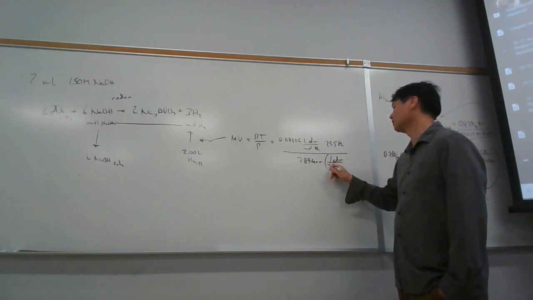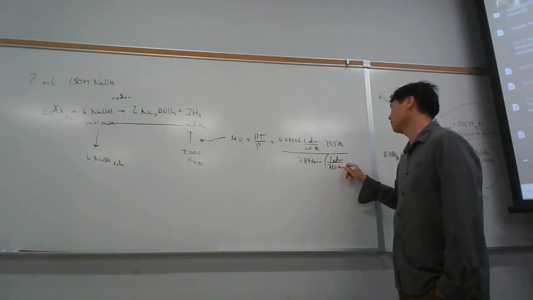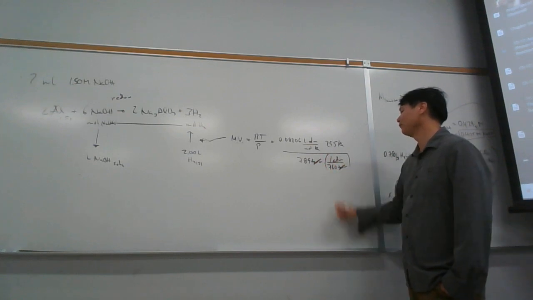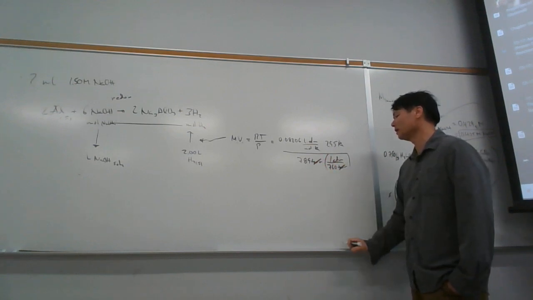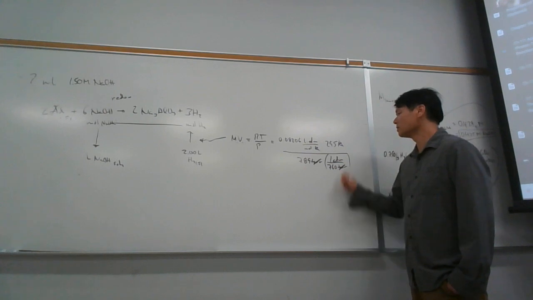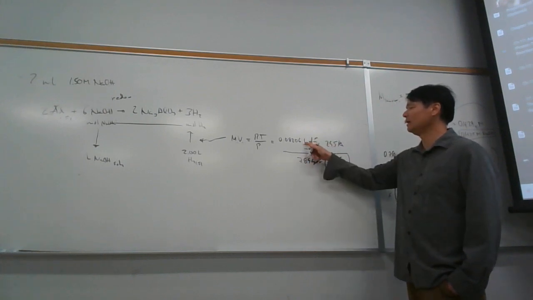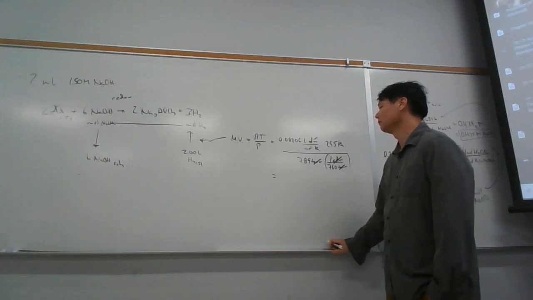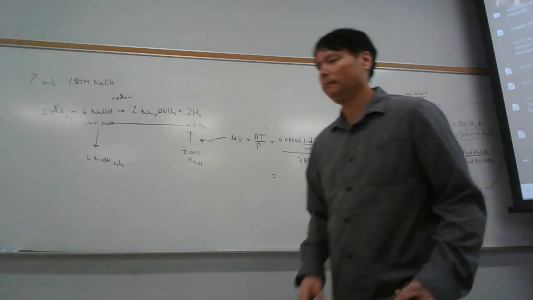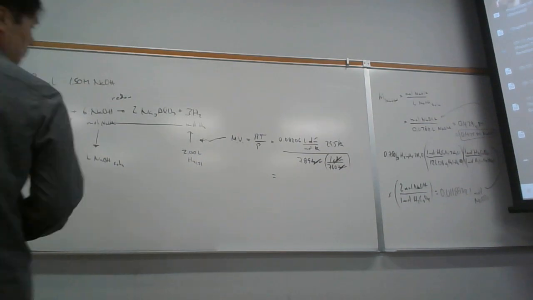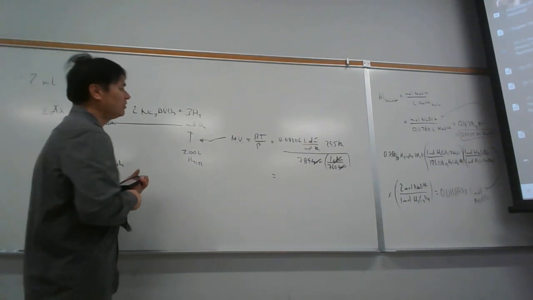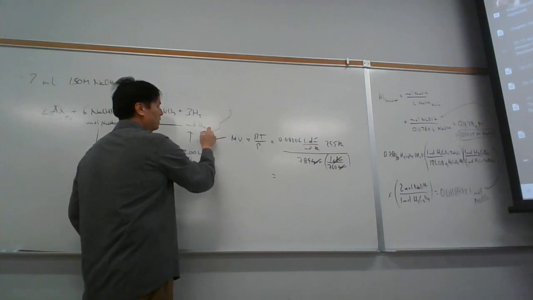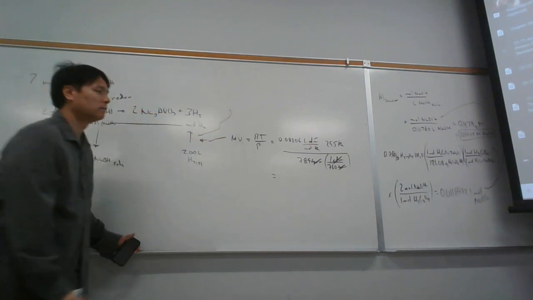And then we only need one conversion factor here. This conversion factor, most people have memorized. But there's 760 torr exactly in 1 atmosphere. The torr is a millimeter of mercury. And so the atmosphere is canceled, and that leaves us with liters per mole. Liters per mole is what we want here for the molar volume. If you don't want to remember the molar volume, then what's the alternate way of calculating the moles of hydrogen?